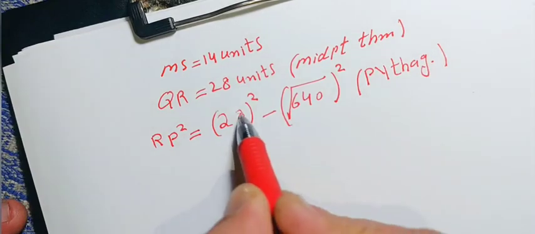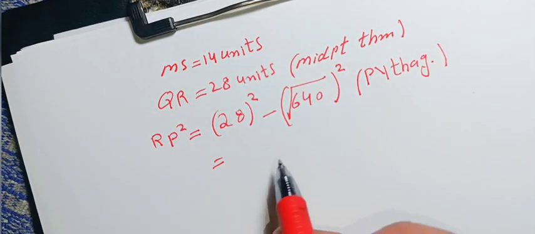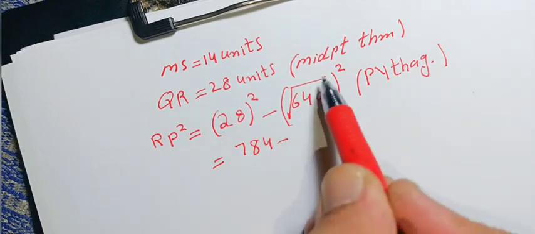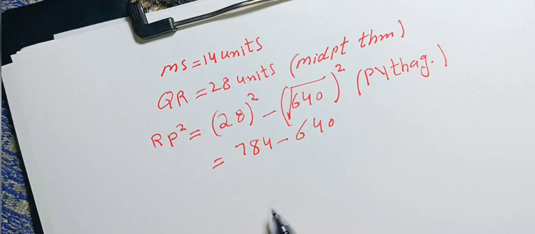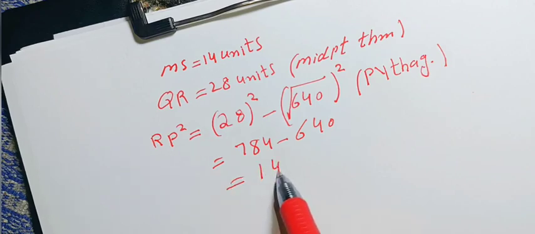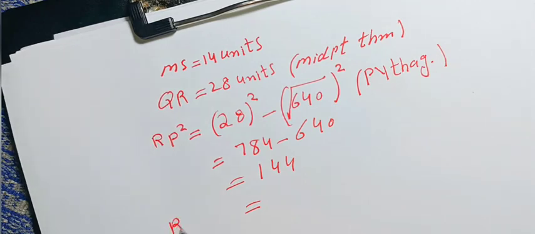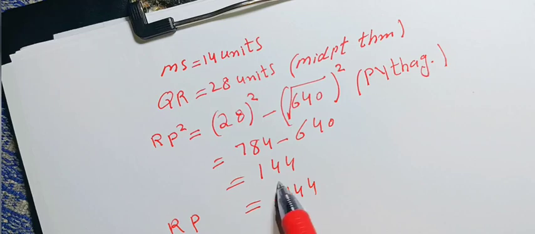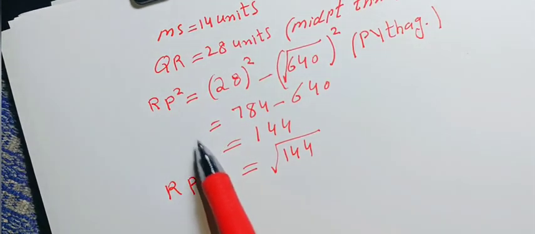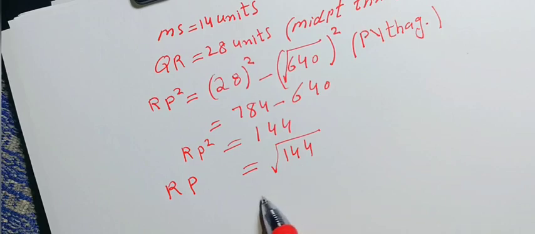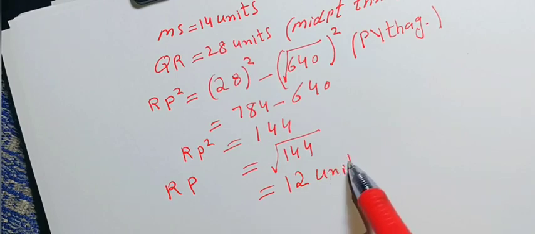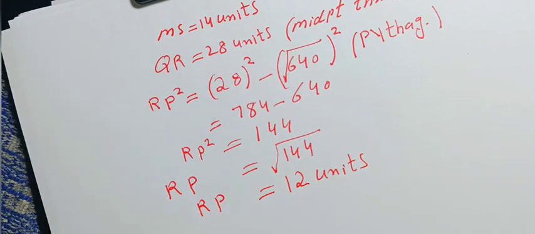So I calculate 28 squared, it's 784, minus 640, the square root and square cancel. So it's going to be 144, and RP is going to be root 144, because the square when switched over to this side becomes square root. So the answer is 12 units. We got RP as 12 units.